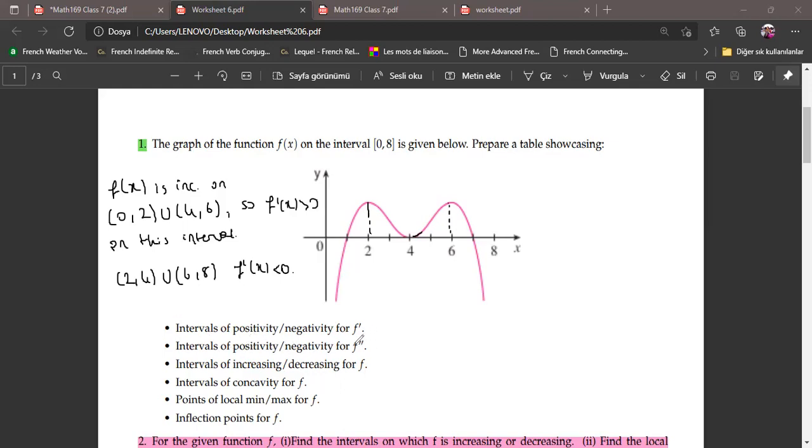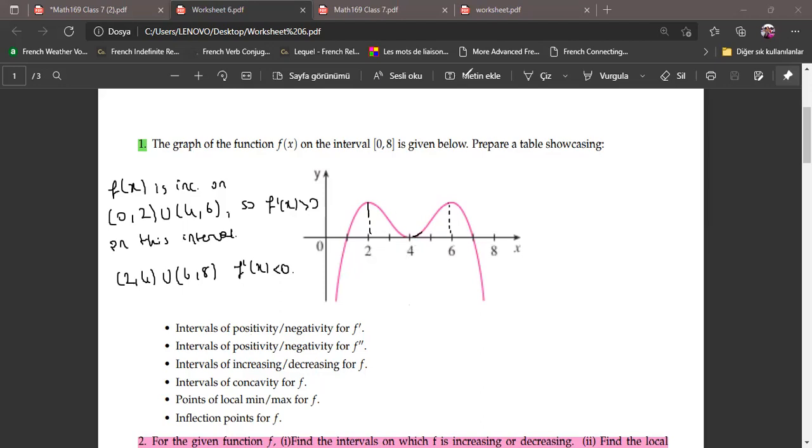Now, what about f double prime? We know that f double prime is greater than 0 if the graph of the function is concave upward, and it's negative or less than 0 if it's downward, right? So we need to determine that.